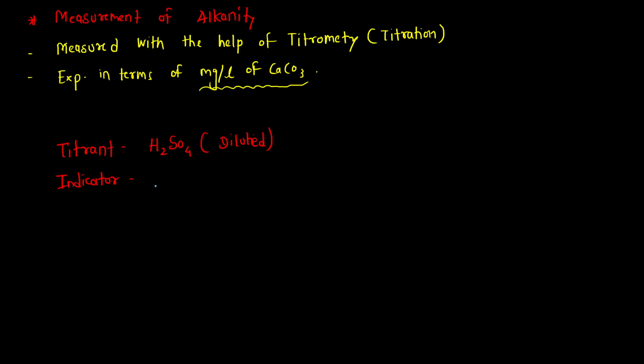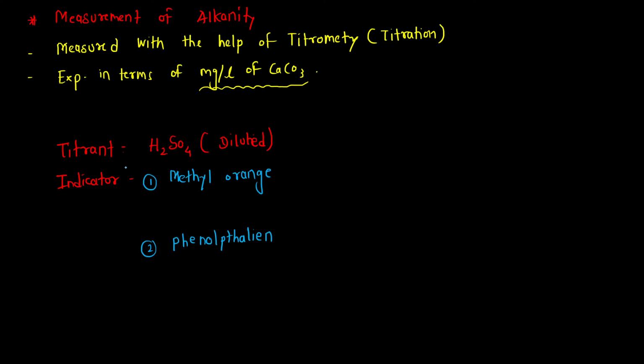The first one is methyl orange, and the second one is phenolphthalein. For all titrations, the indicators and titrant do not remain the same. These indicators are the same only for alkalinity.